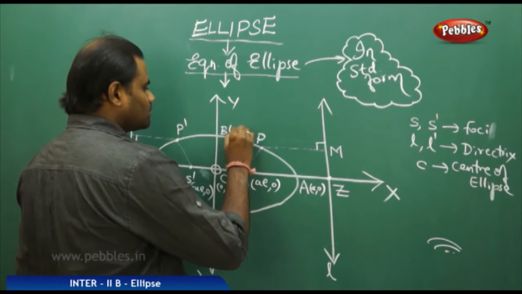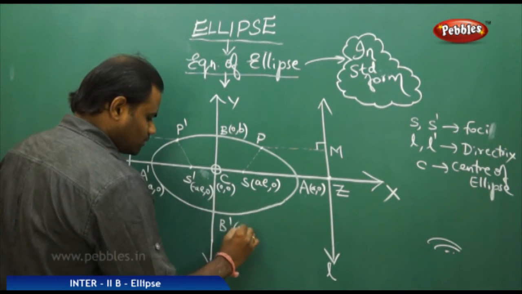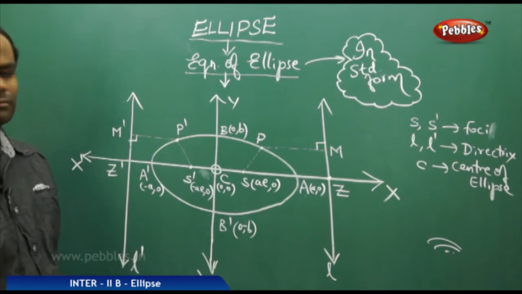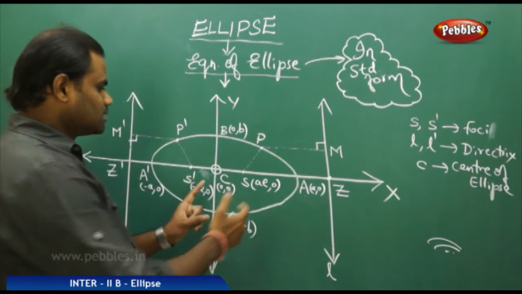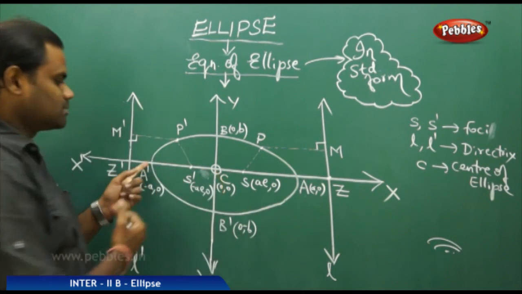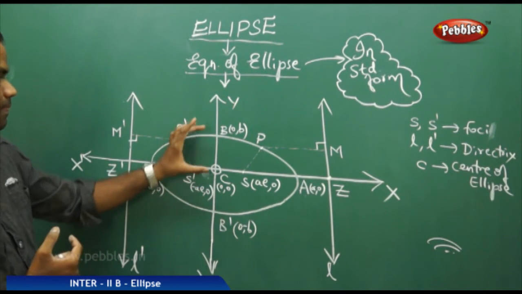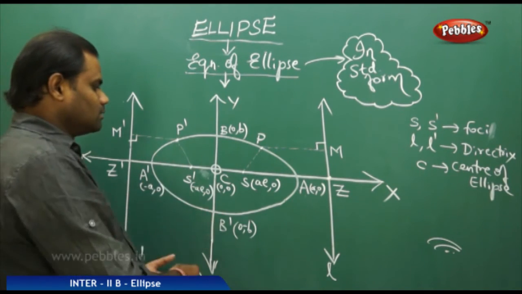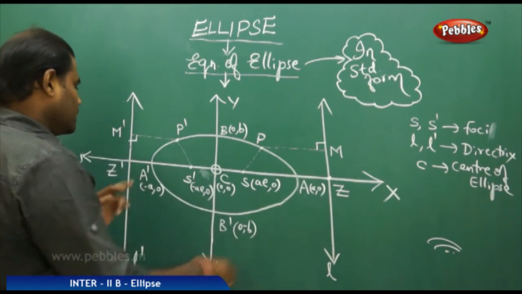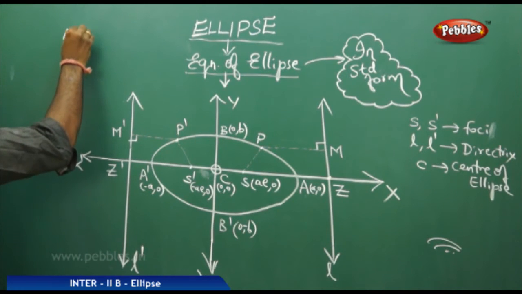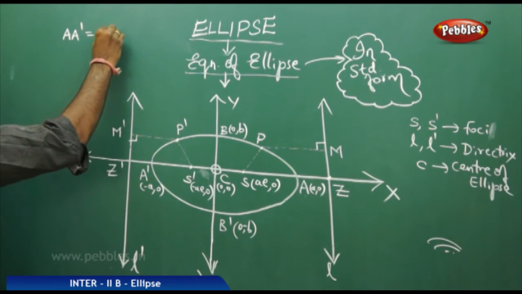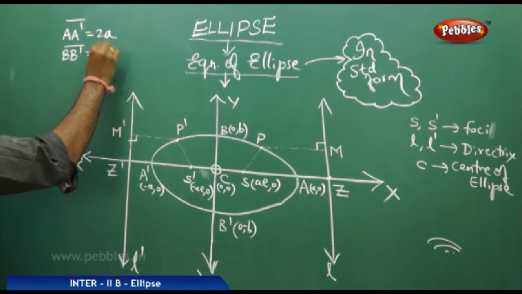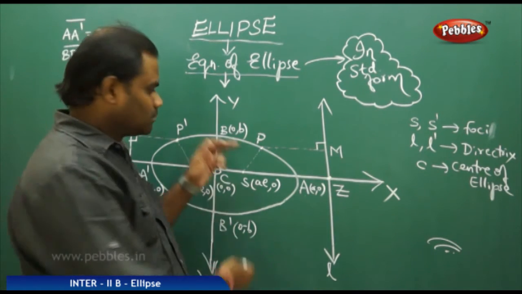The coordinates of B are 0, B, and the coordinates of B dash are 0, minus B, because it's on the down side. So CA is A and CA dash is also A, that is the negative side of A, and CB is B and CB dash is also B. So AA dash will be 2A, and BB dash will be 2B, as we can see here.